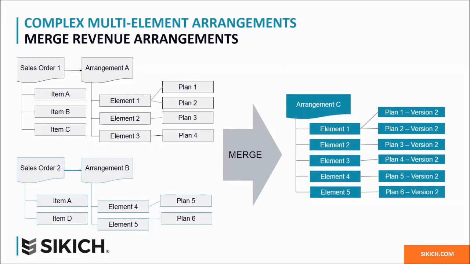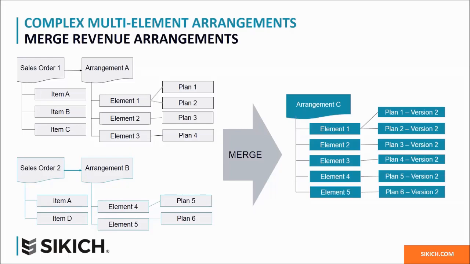Natively in NetSuite, you would have 2 sales orders, one for the original, one for the change order, and NetSuite would create 2 arrangements for you. You can then merge those arrangements together and create a new arrangement. The history is still going to live on the old arrangements, but they wouldn't be active. And on this new arrangement, you can now reschedule and recast your revenue accordingly.